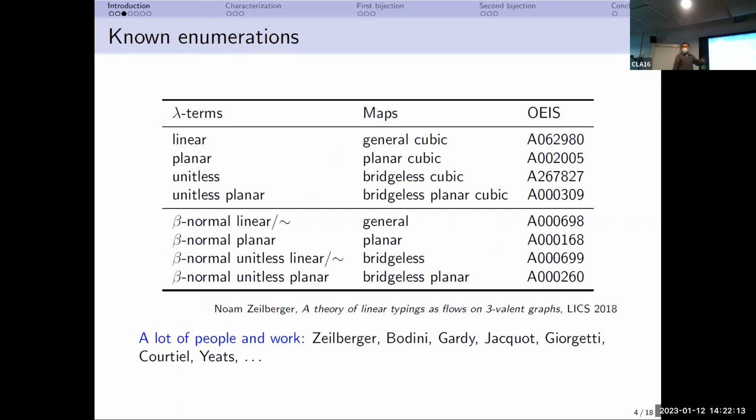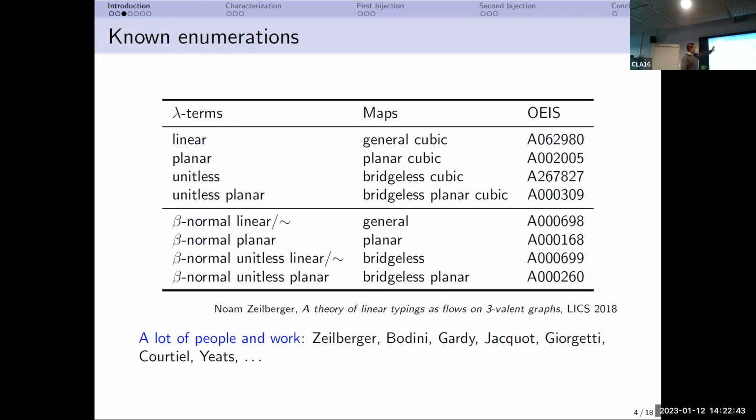So in this table that I picked up from an article from Noam, we already have a lot of families of linear lambda terms which we succeeded in counting with explicit formulas, and they are all on OEIS. And this is, of course, the accumulation of the work of a lot of people, and some of them are among the audience.